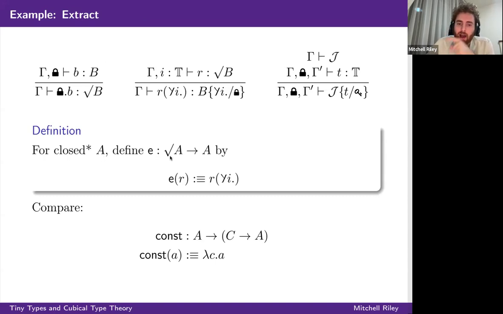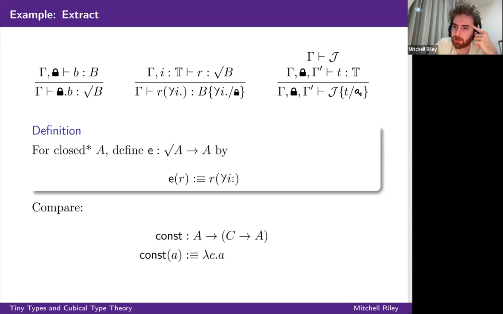Okay, so first of all, if we have an element of root A, then we can extract from it just an element of A. So how do we write this in syntax? Well, we've got our element of root A, R, and we just apply the eliminator immediately. Inside the eliminator, we gain access to an additional assumption of the tiny type.